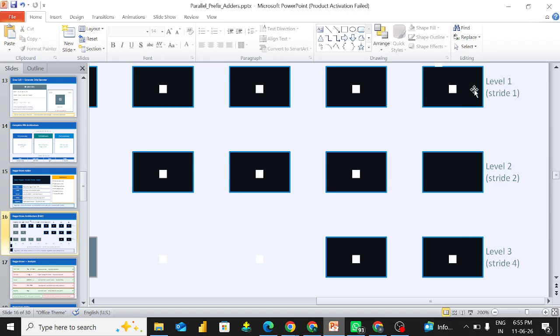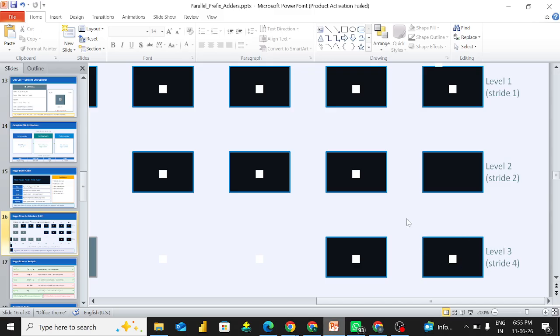Stride tells about the operation going on inside that particular level, like how many bits come inside it. In level 1 we had only one bit: bit 0, bit 1, bit 2, bit 3, bit 4. So stride 1. Here we combined bit 0 and bit 1, so we have 2 bits, and here also 2 bits, so stride 2.